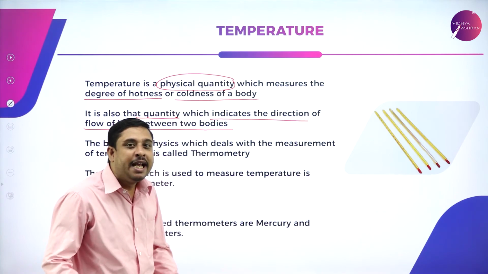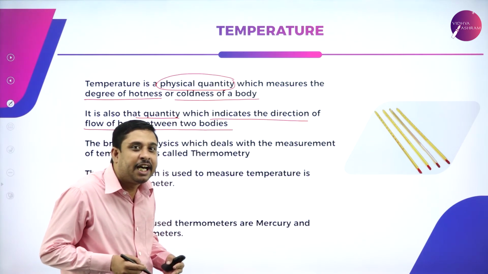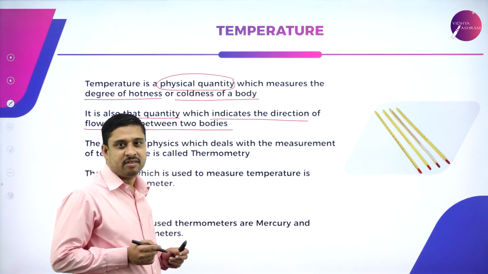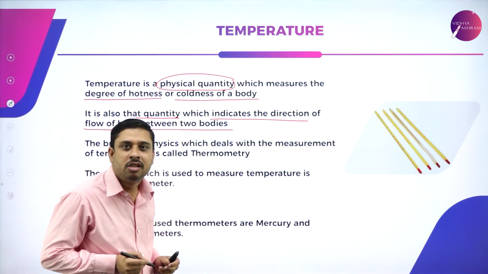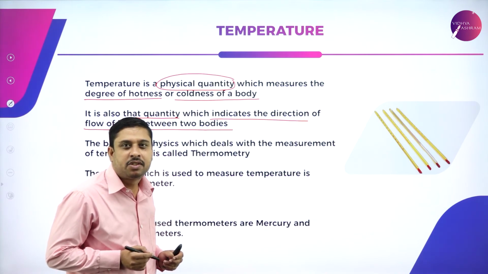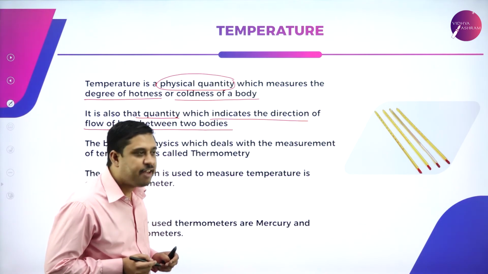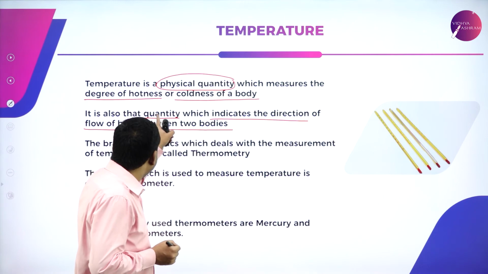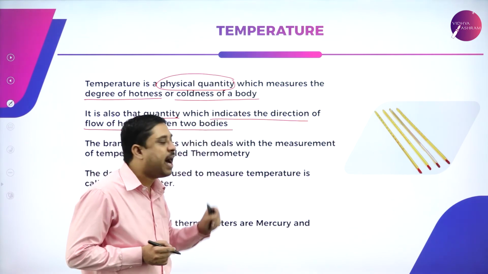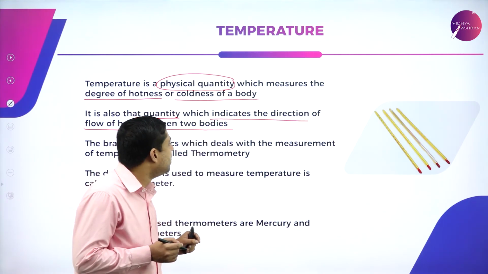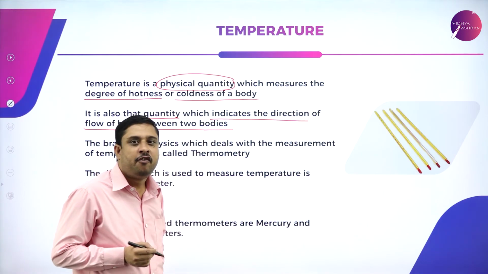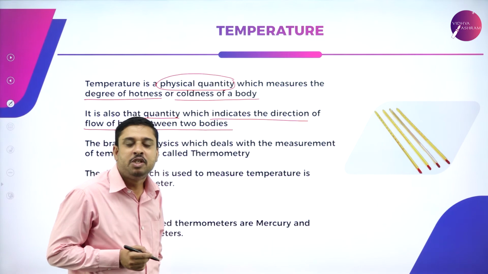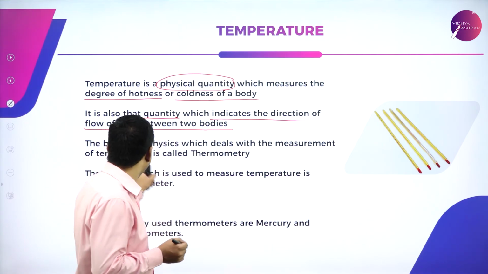And I told you it is temperature which will decide whether a body is hot or cold, and therefore temperature is the quantity which indicates the direction of flow of heat between two bodies.